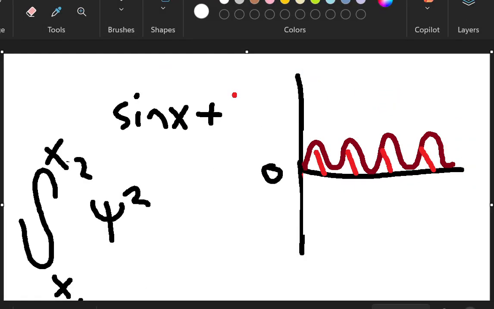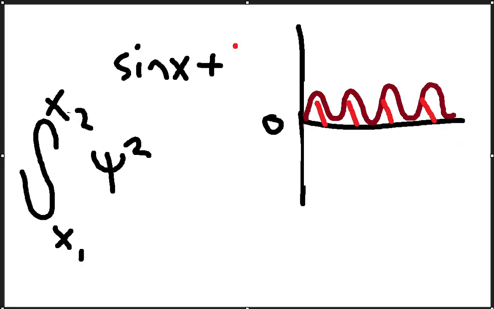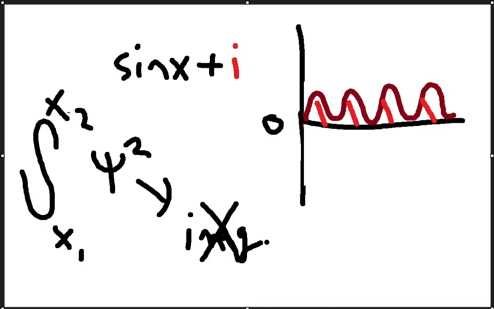Well, hang on, I had an error, ignore that. The point is that if this is i, then this integral would actually be imaginary. And that's not good. We don't want an imaginary probability.